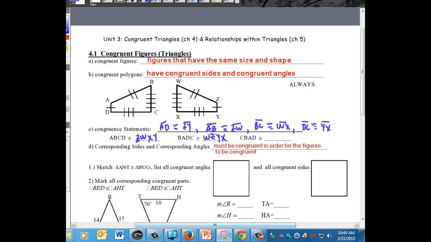And again, we can do that same thing where we look and see that all of these angles are each congruent. And this is known as corresponding angles. So I know that last unit we had two parallel lines cut by a transversal.